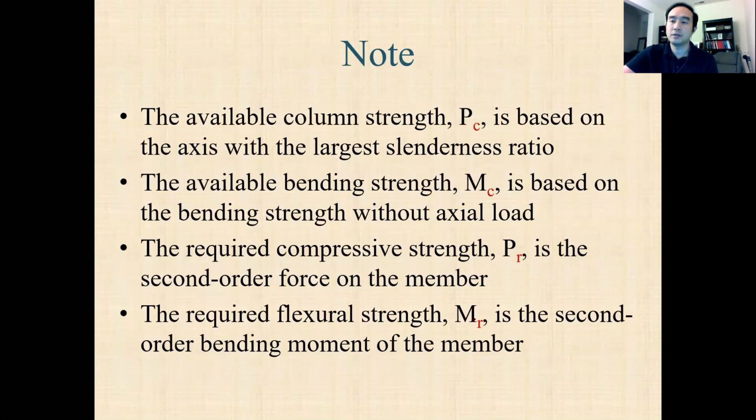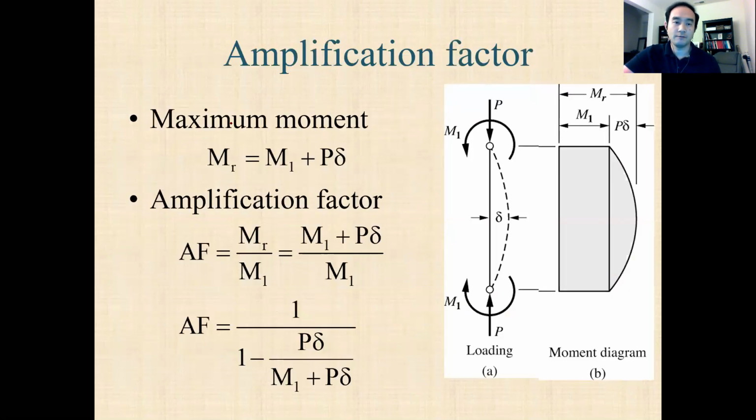Those should be the second order bending effect if there is any, right? And this is how we can find out the MR. So let's say here are the given moments, M1 at the top and the bottom of the column. And due to the axial force and this bending moment together, we expect to have a small P delta effect here.